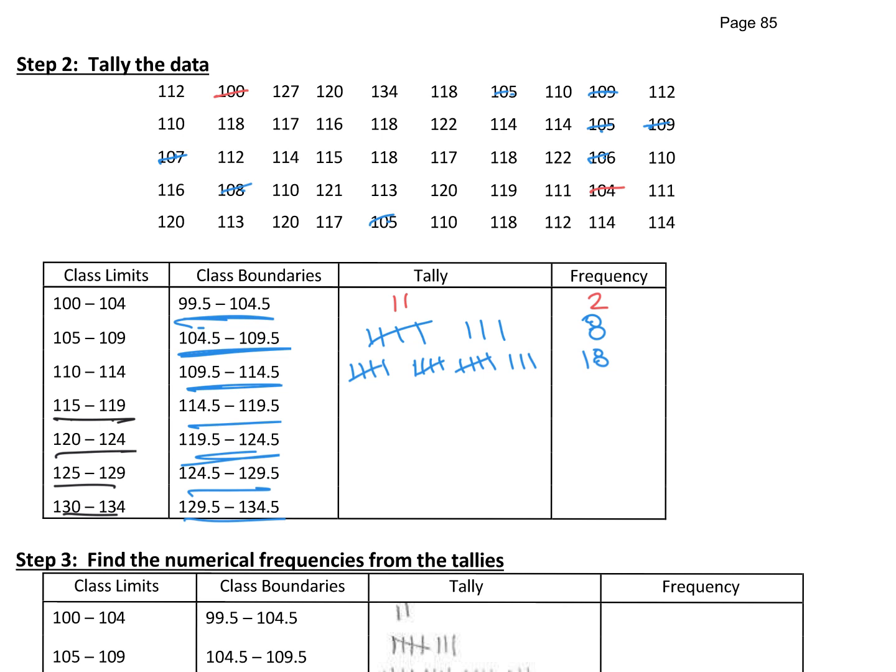And there is 13. 1, 2, 3, 4, 5, 6, 7, 8, 9, 10, 11, 12, 13. And then for 120 to 124, there are 7. And then from 125 to 129, there's only 1. And from 130 to 134, there's only 1. That would be 1 and 1.